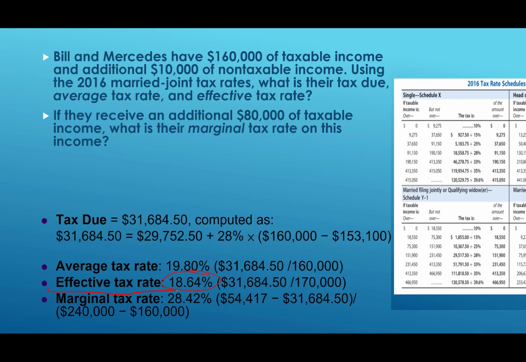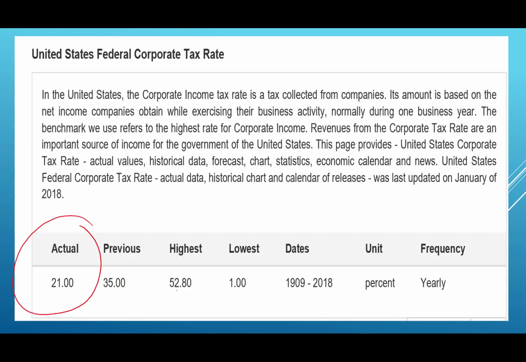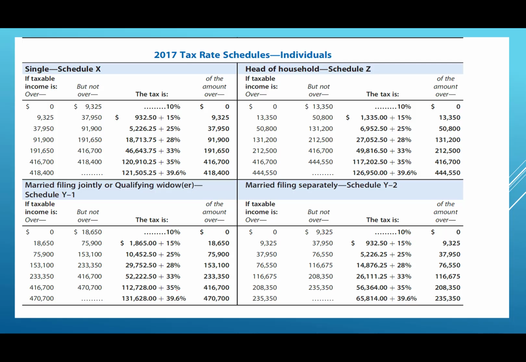That gives you the increase in their tax divided by the increase in their income, and that's the marginal rate. And it would have helped if I didn't have the 2016 schedule there instead of the 2017, because those calculations were on the 2017 schedules here, which you can see right here that once they got into these higher levels, they had to pay that higher tax rate.